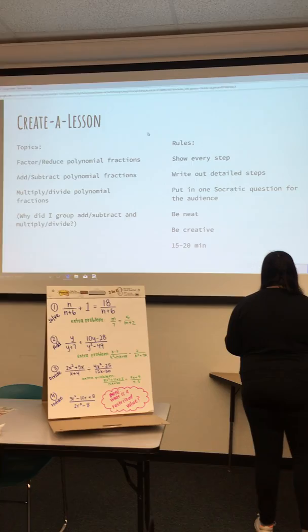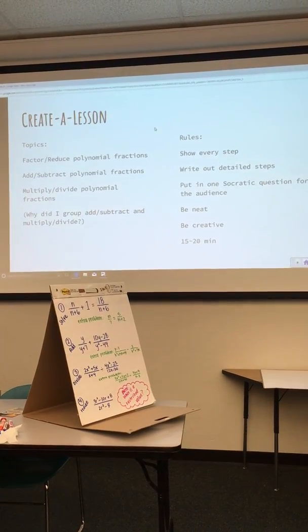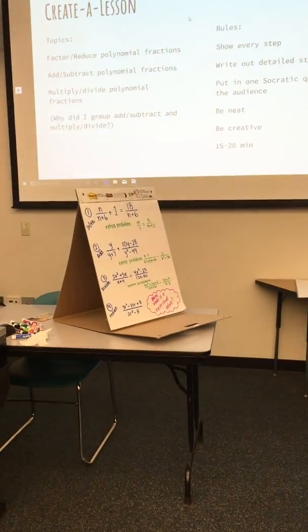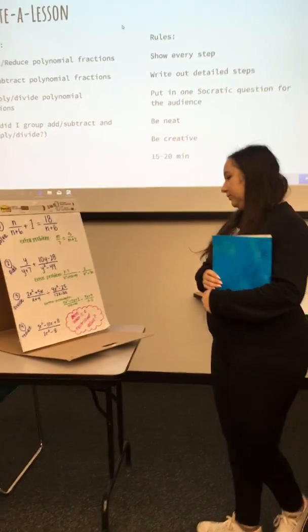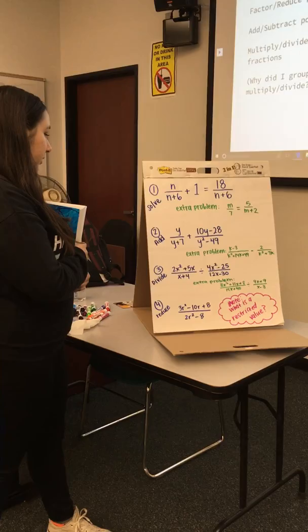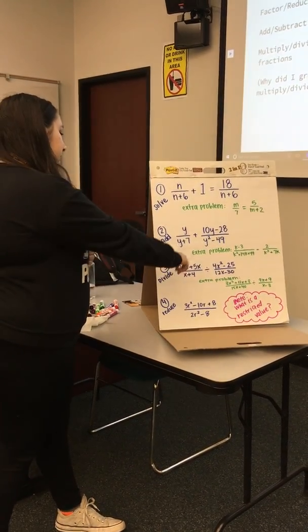But before we get to that question, can you identify on this board which one is going to be factor and reduce polynomial fractions? So that you know which problem to put on each paper? Would be that one.